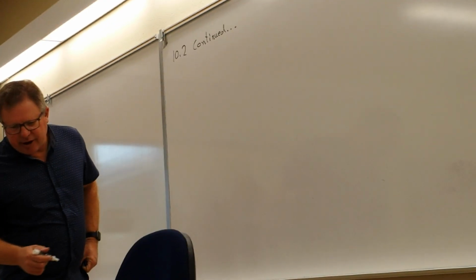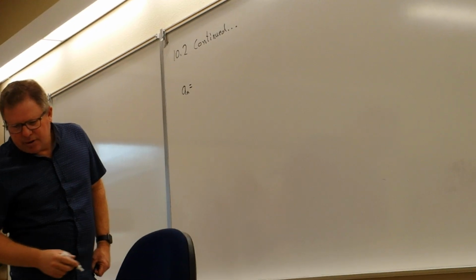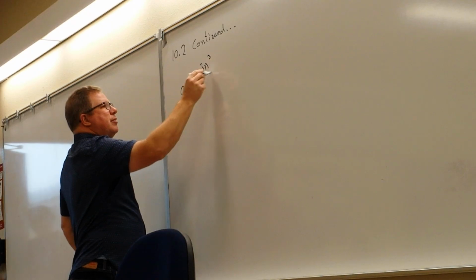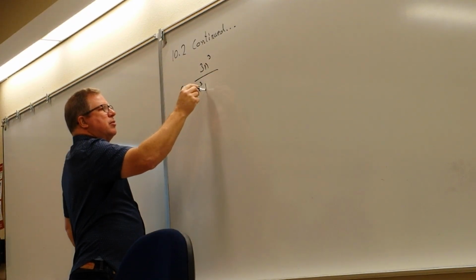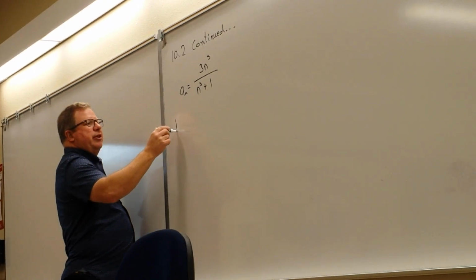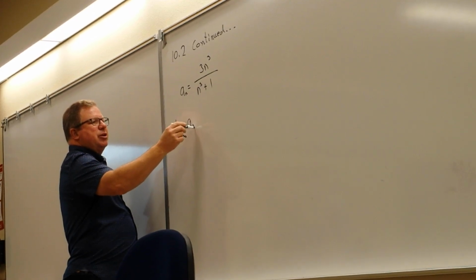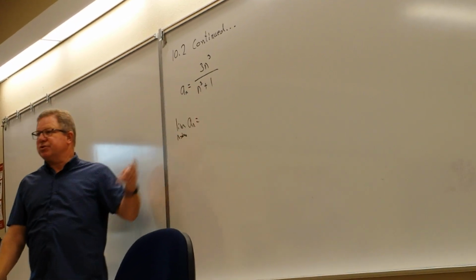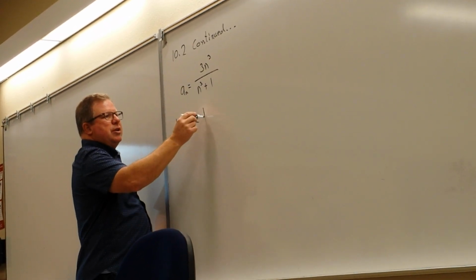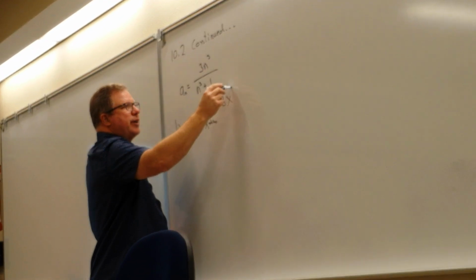So when we have something like a sub n equals 3n cubed over n cubed plus 1, the limit as n goes to infinity of a sub n is equivalent to the limit as x goes to infinity of this expression written in terms of x.